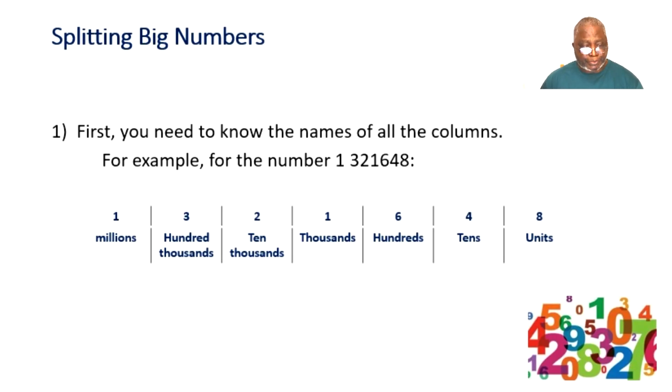So the number is spread across to read 1,000,000, 300,000, 20,000, 1,000, 600, 4 tens, and 1 unit.